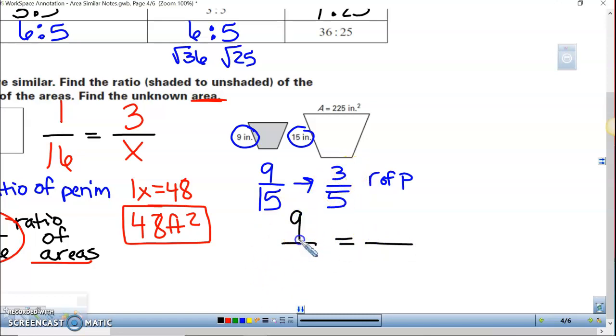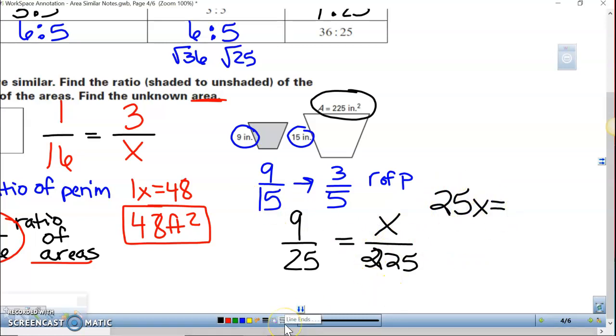So 3 squared is 9, 5 squared is 25. Does it matter 9 over 25, 25 over 9? No. What matters is this. 225 inches squared is the larger polygon, so it has to go on the numerator with the larger number in your ratio. Now we're going to cross multiply.